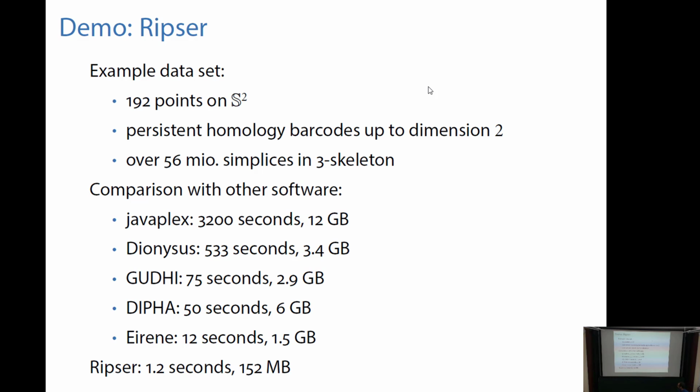So you see that there's a lot of progress being made on these computations, and it seems we still haven't reached quite the limit, which is also good because computation is still seen as one of the main challenges in topological data analysis because of the kind of blow up that you see here from just a few hundred points to million simplices. So this kind of progress is really very important and highly needed.